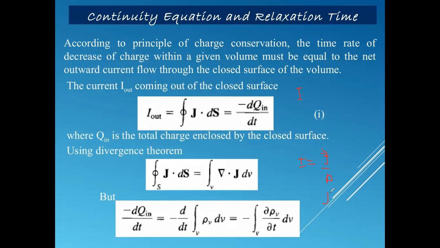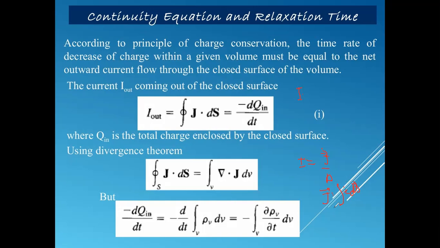If it is a continuous current, then J is the integral of I dot dA, or I dot ds, where ds is the vector, I is a scalar, but finally this quantity is a vector.